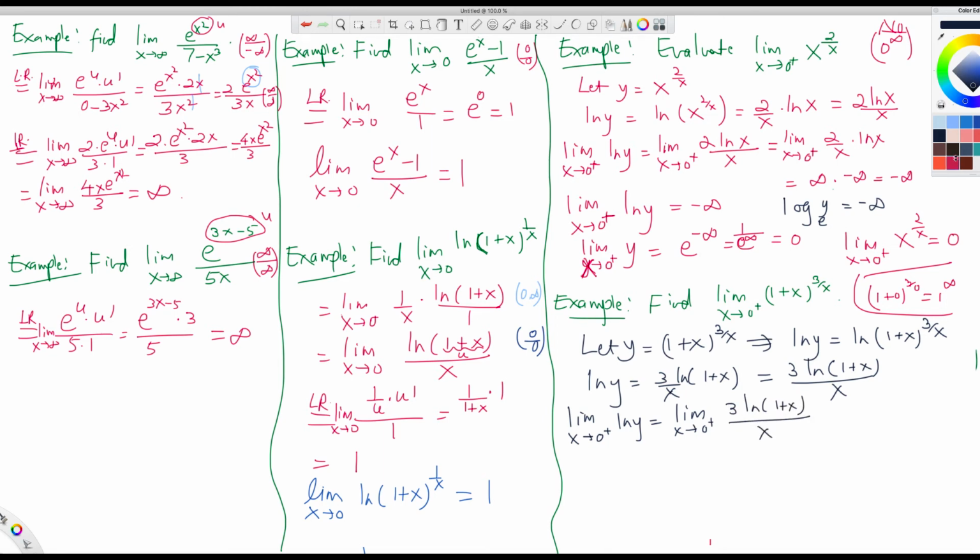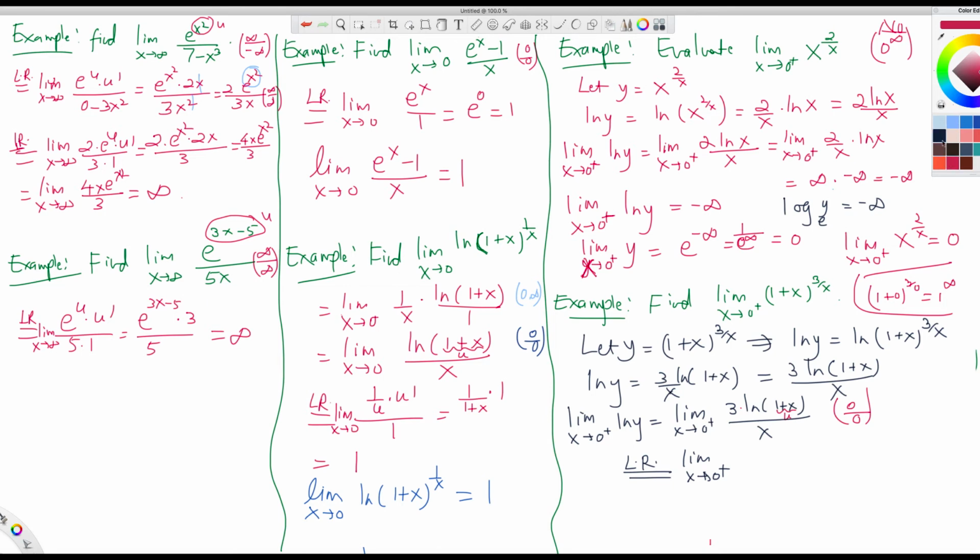If you plug in the limit, what do you get? You will get 3 times natural log of 1 plus 0, which is natural log of 1, which is 0, times 3 is 0. So it will look like 0 over 0. That's what you get if you plug in the limit there. Okay, so now you can use L'Hopital's rule. You can think of this as a natural log of u.